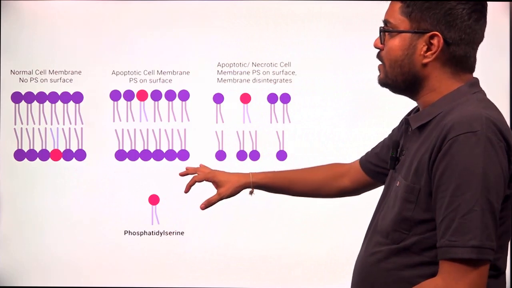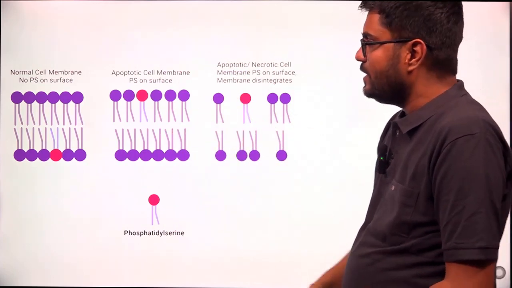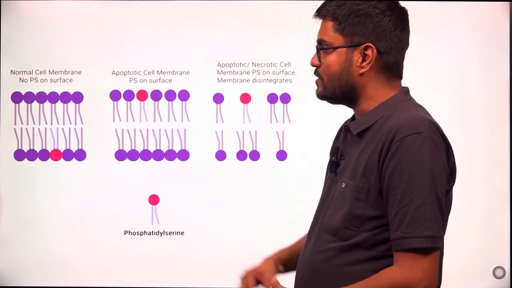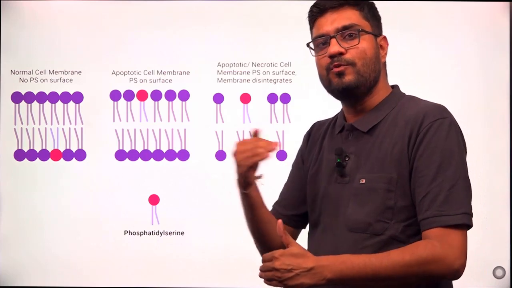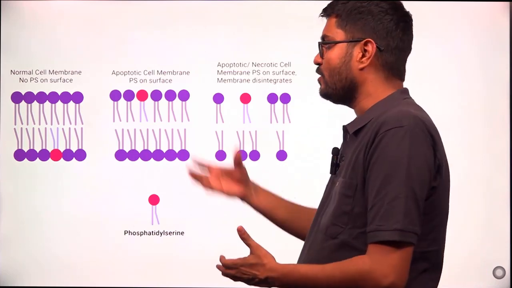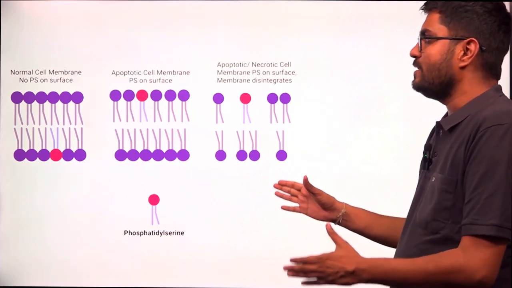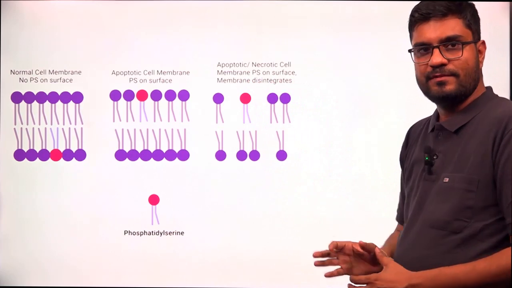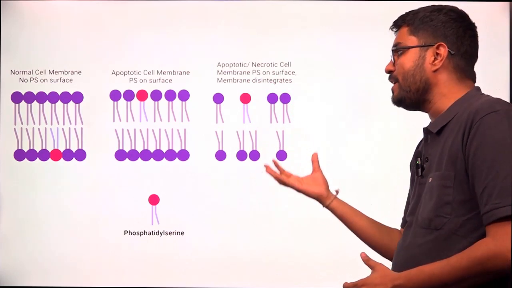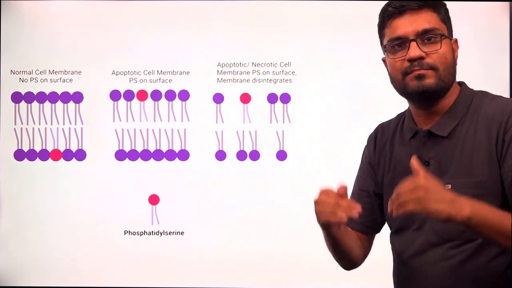But once the process of apoptosis starts, these phosphatidylserine molecules will be flipped, and now they will be on the outer surface or outer leaflet of the plasma membrane. And finally, at the end of apoptosis, there will be membrane disintegration. So the membrane will become permeable for outer substances to come in.